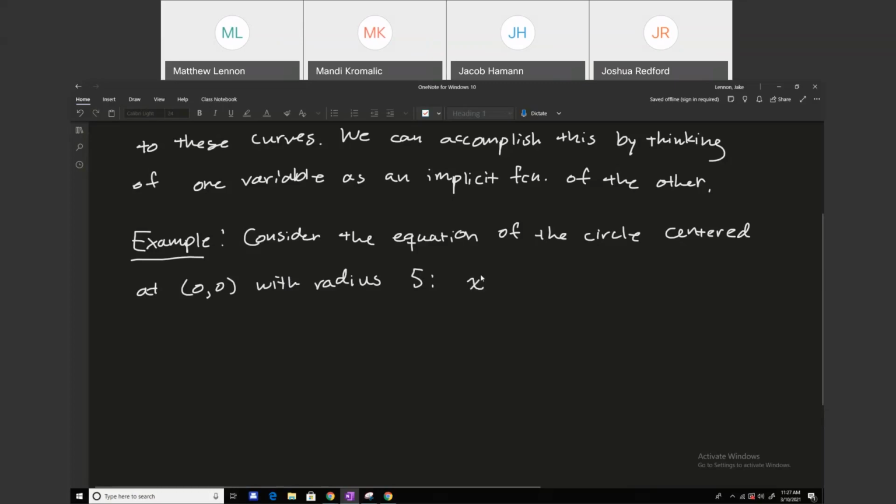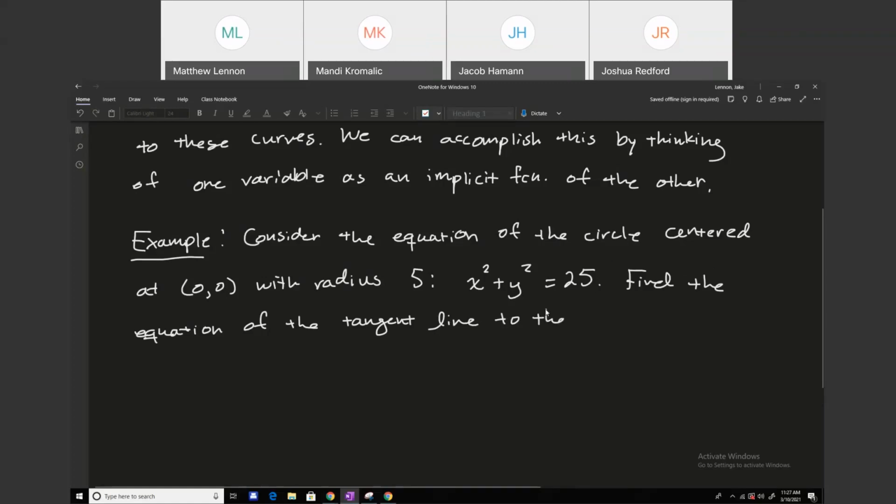So that is the equation x squared plus y squared equals 25. And what we want to do is find the equation of the tangent line to the circle at the point 3, 4.